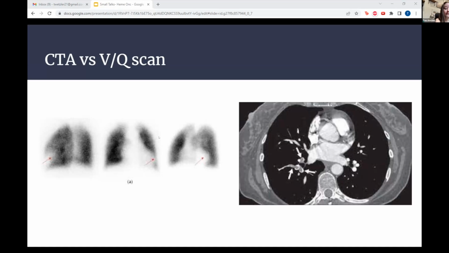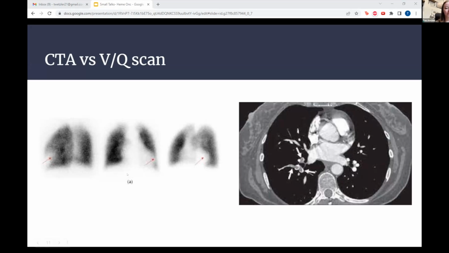For the VQ scan, the interpretation can be based on the radiologist's level of experience and expertise. So interpreting a VQ scan is not as easy as looking for a vascular filling defect in a CT angio like we see here.